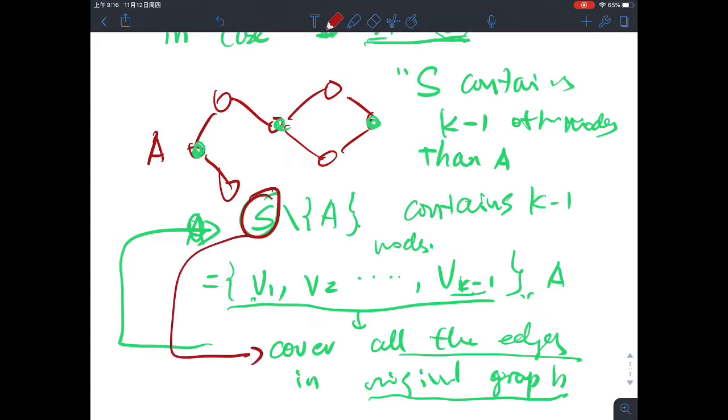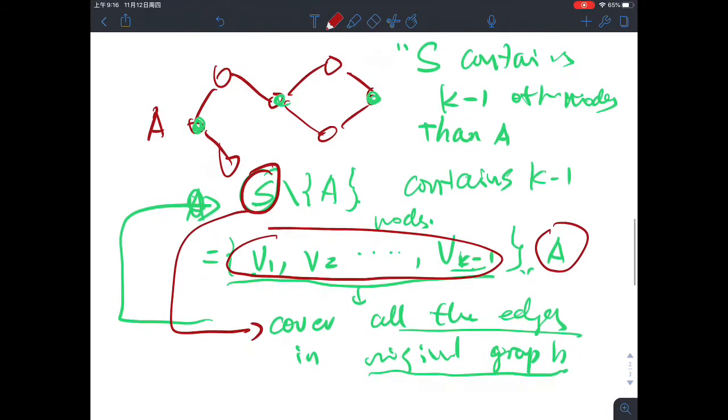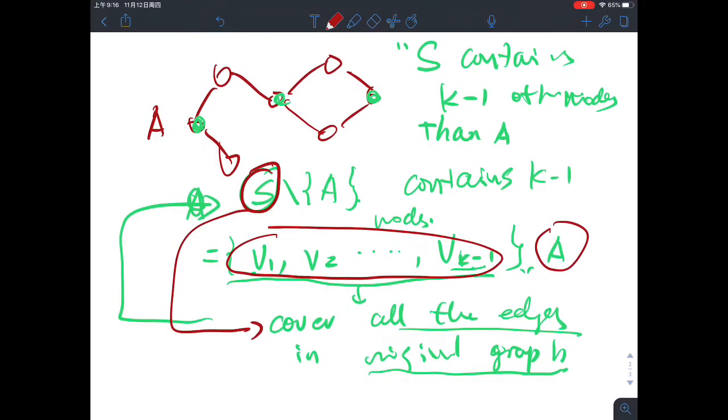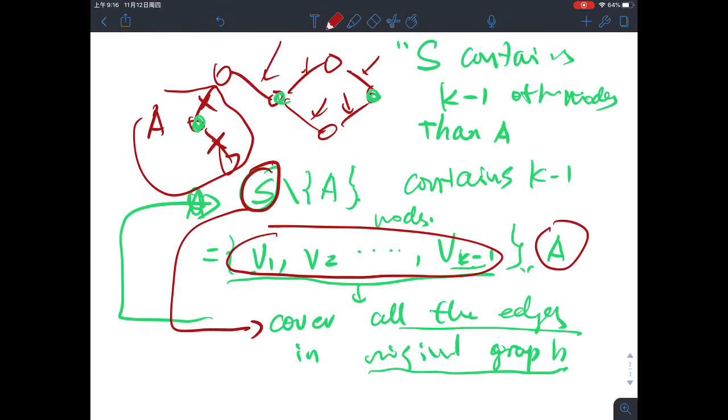S really just consists of two parts, right? All the elements that are not A, and A itself. Because it covers all the edges, if I remove all the edges connected to A and look at all the rest of the edges, they need to be covered by at least one node in V1 up to V(k minus 1).